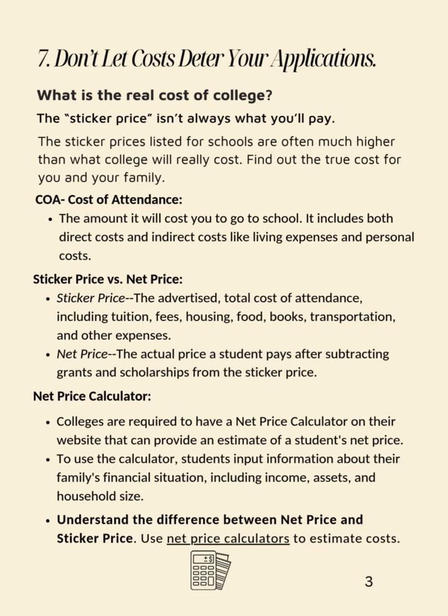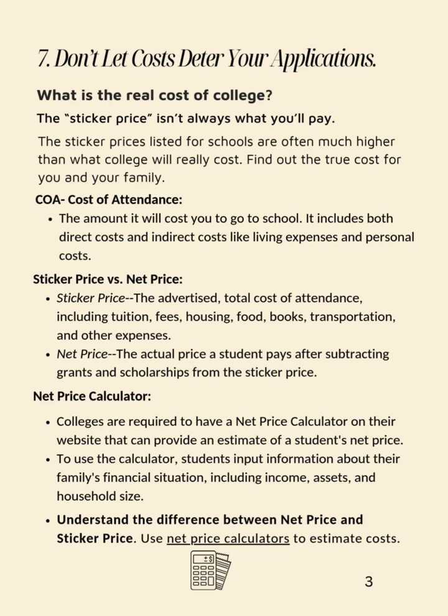And this is also what is considered to be the general sticker price. So again, the sticker price is usually the advertised cost, which is the total cost of attendance, including tuition, fees, housing, food, books, transportation, and any other thing, deodorant, medicine, any personal items, anything that you will need as part of your time in college while you're being educated, right?